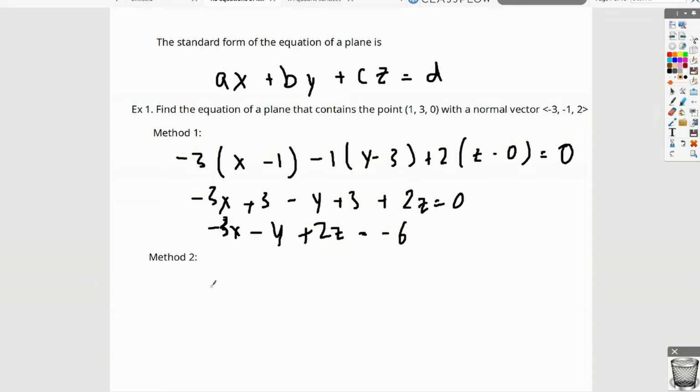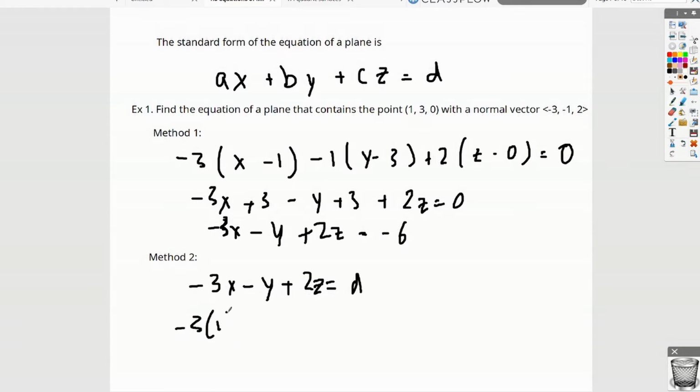Method 2, what you can do is just plug the point into a generalized equation of the plane. So it will be something like minus 3x minus y plus 2z equals d, right? Because we don't know what this constant is, but you can plug the point in.